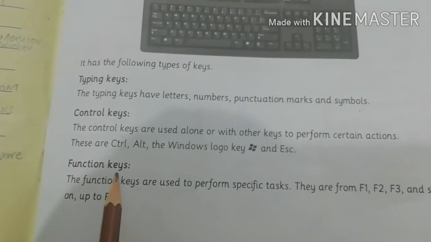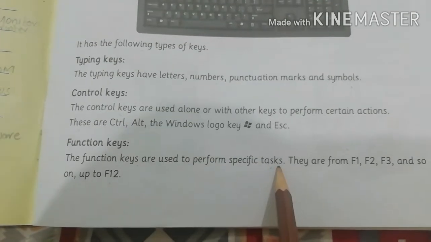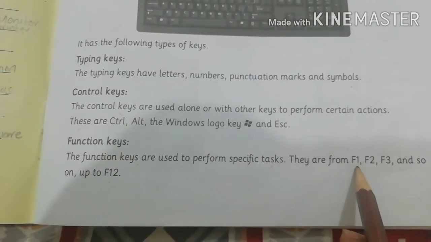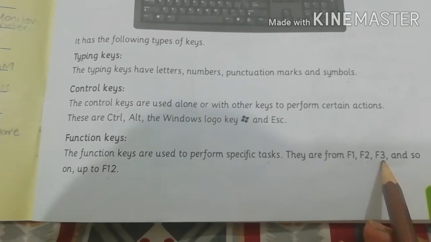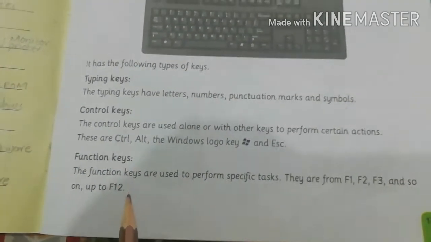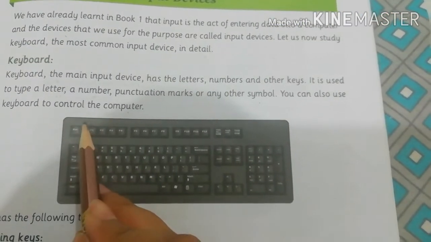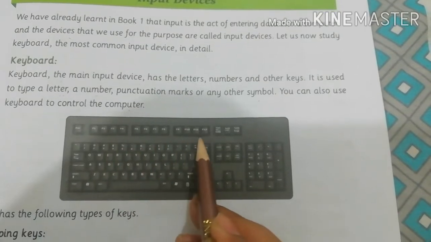Next keys are function keys. The function keys are used to perform specific tasks. They are from F1, F2, F3, and so on up to F12. Dear students, the function keys are placed on top of the keyboard.